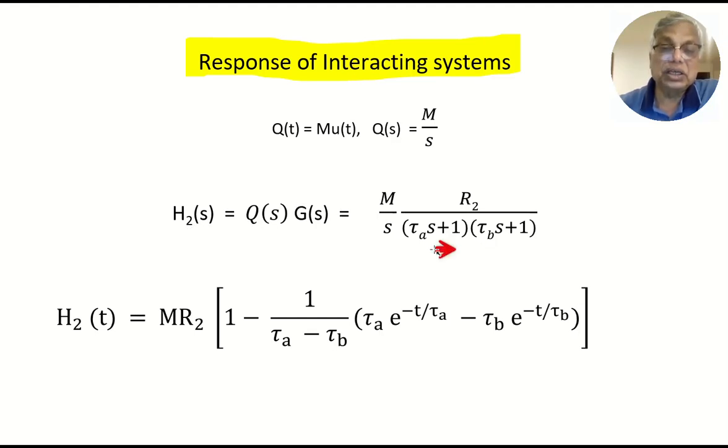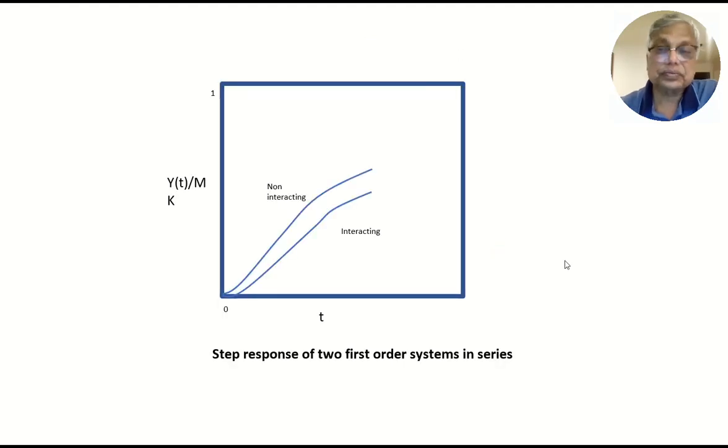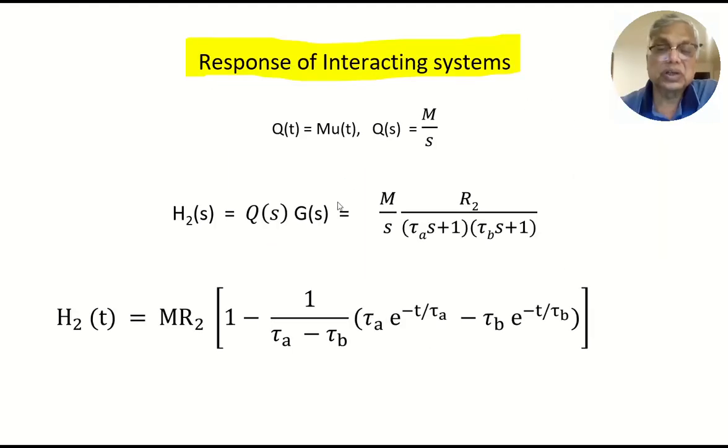Now if you take the Laplace inverse, you are going to get the response equation. M is a constant, r2 is a constant, and the remaining terms' Laplace inverse is this.